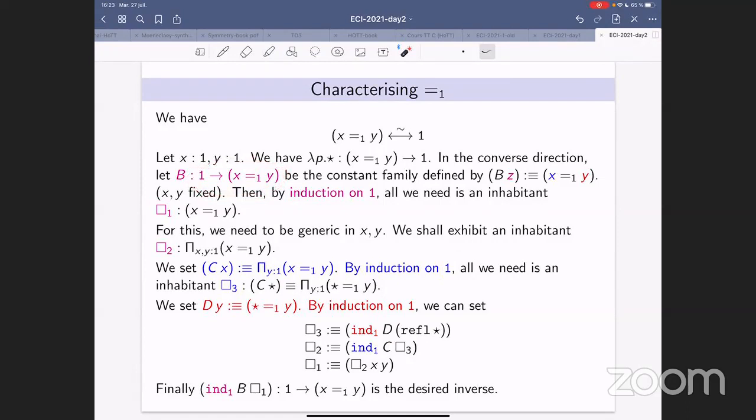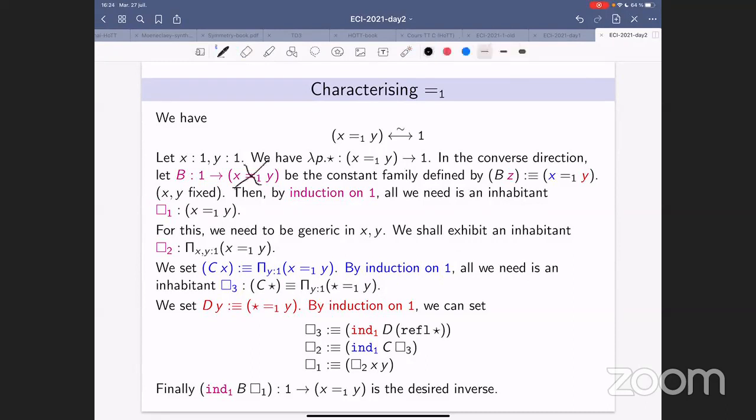What did I say here? Yes, sorry. This is not correct here. It's a typo here. So this should be corrected.